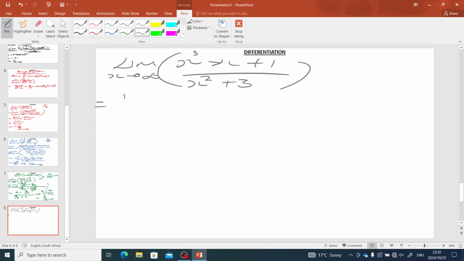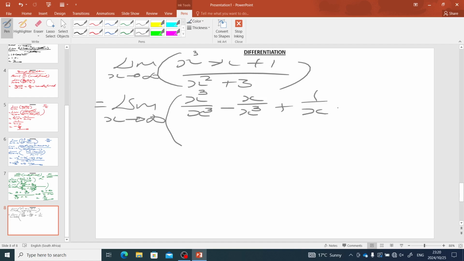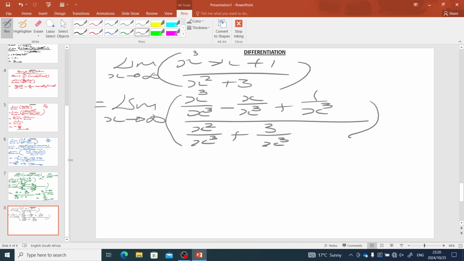It means I'm having the limit. As soon as you do the substitution, you will drop the limit there. It will be x cubed divided by x cubed, that is the highest, minus x divided by x cubed plus 1 divided by x cubed, all over x squared divided by x cubed plus 3 divided by x cubed, close bracket.